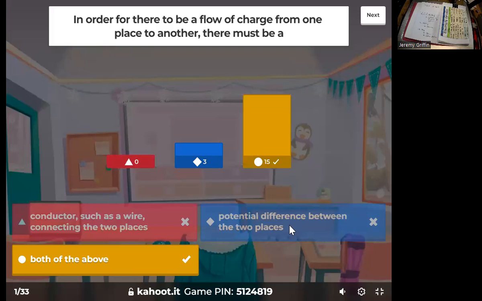So the blue one, potential difference. For example, a battery has some kind of voltage. That's what potential difference is, voltage. But then you also have to have a conductor like a wire to connect the two places. And then that'll set up some kind of current. Both above.